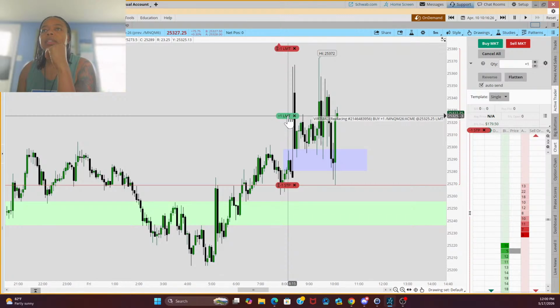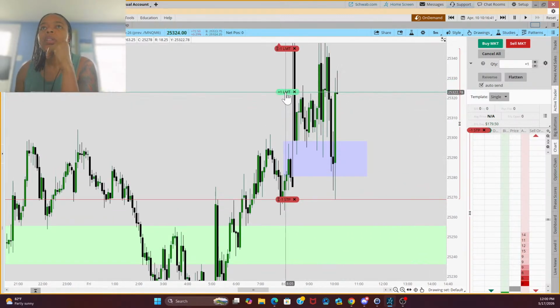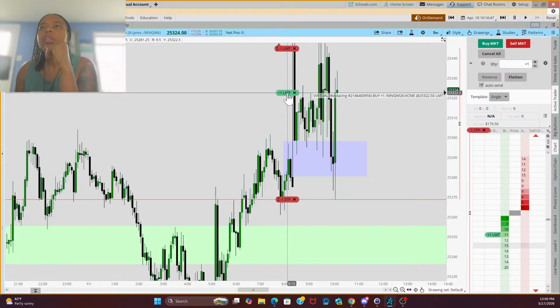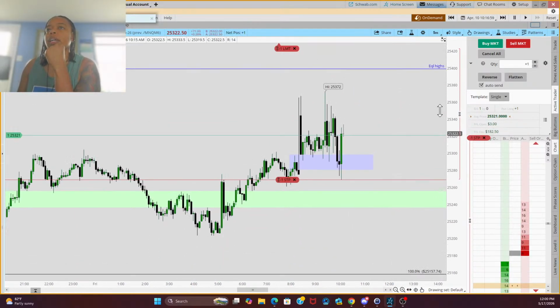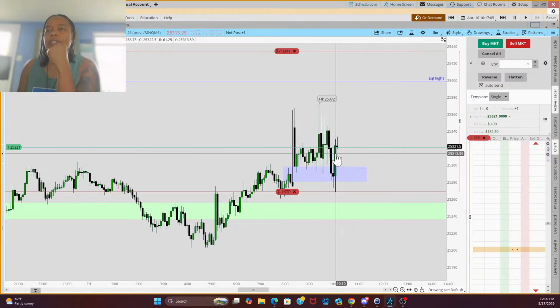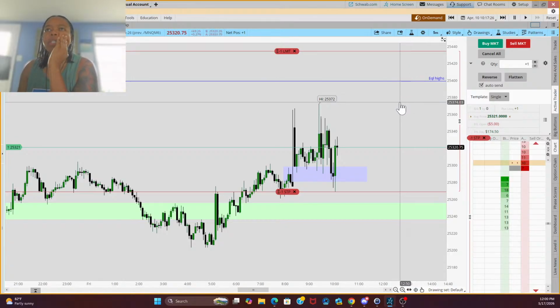I don't know if they just run away without us. All right. We are in. Aggressive candle, order block, rejection. Now we're looking for continuation.